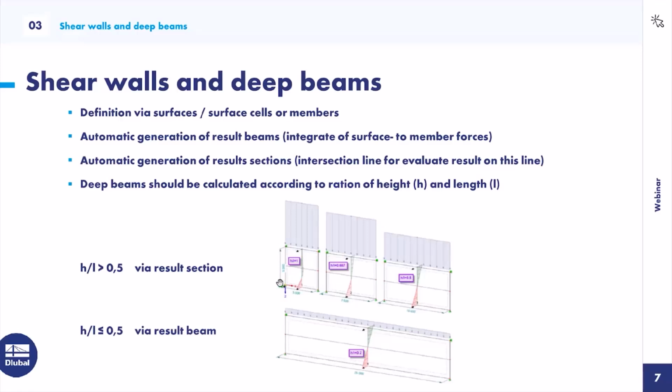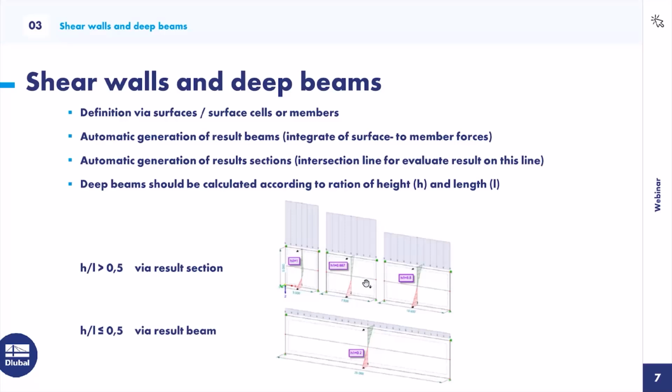But when you have a height to length ratio bigger than 0.5, we say use result section to have a better, more realistic result for these effects.